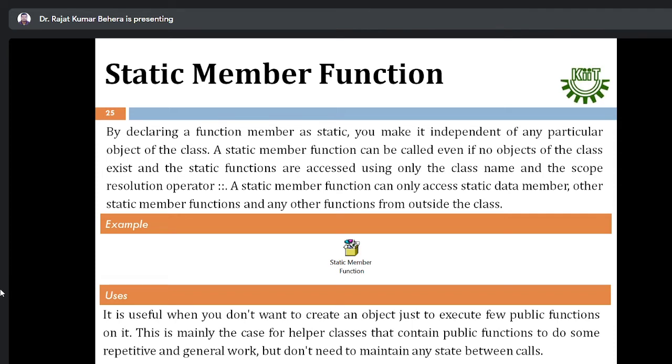So a function just has to be mentioned here which is expected to do some helper-related functionality. That is why this is treated as the best use case of the static member function. Am I clear? Is it clear to everyone? Yes, sir.